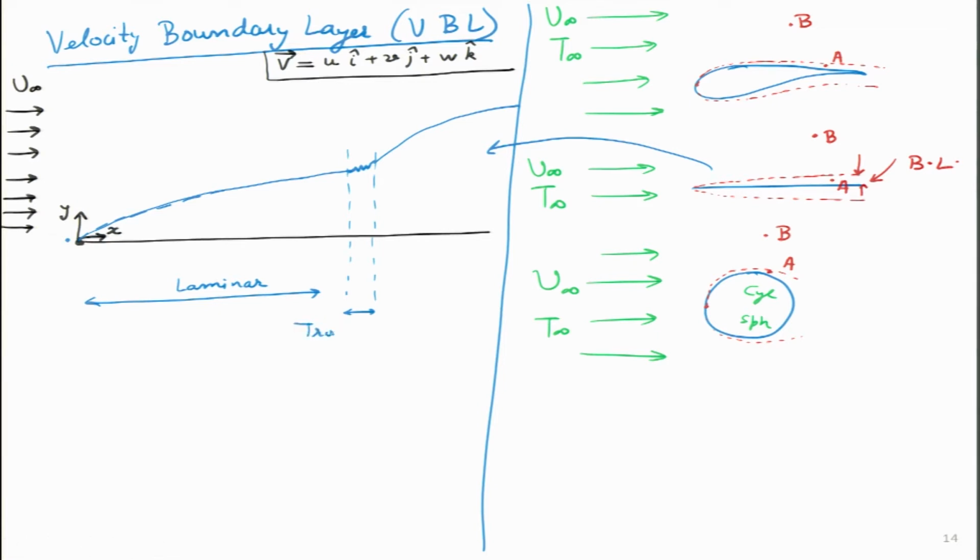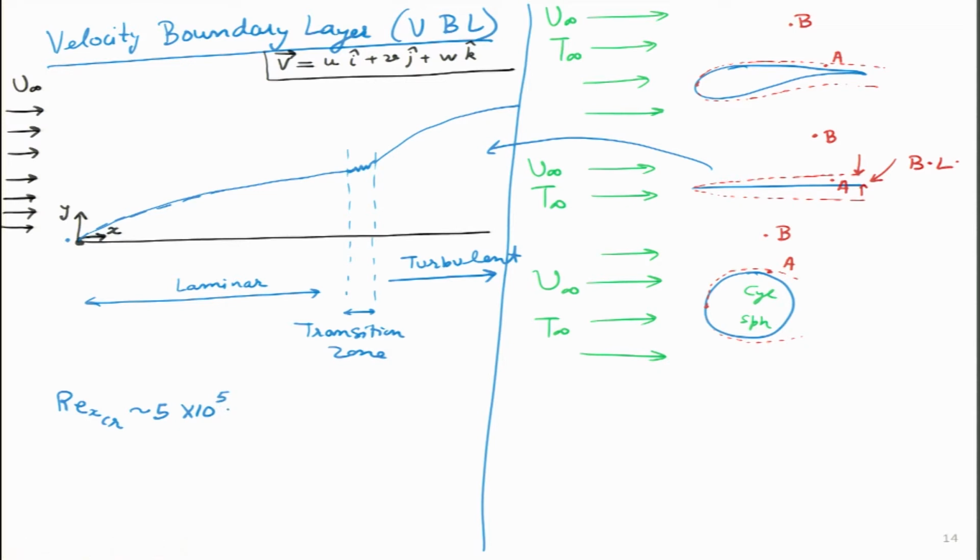So, this I will write as transition zone, and after the transition zone whatever is there, all that is the turbulent. And if you remember, we have given some critical Reynolds number, Rx critical is approximately 5 into 10 to the power 5.